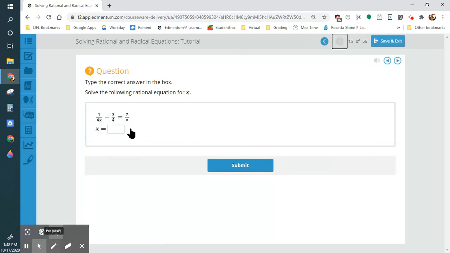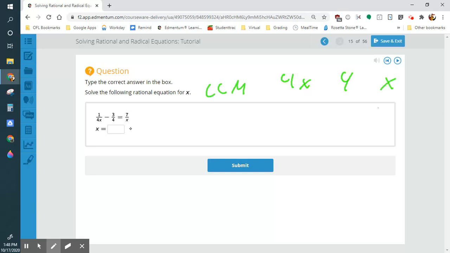So if I'm looking at this, what is my LCM of 4x, 4, and x? That's obviously going to be 4x. This is 4 times x, and this is x times the 4. So I'm going to multiply everything here by 4x.